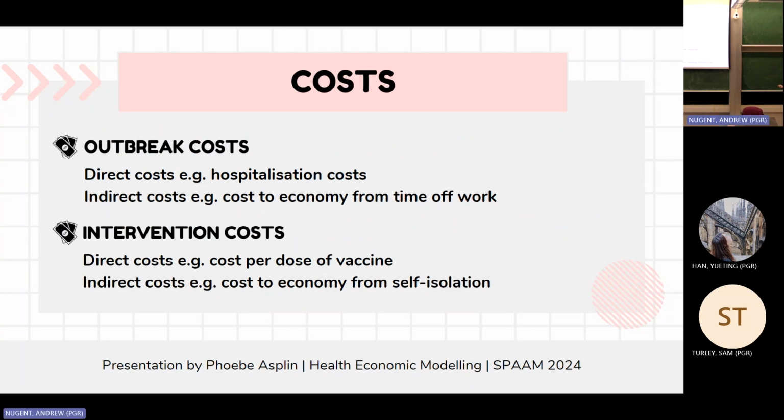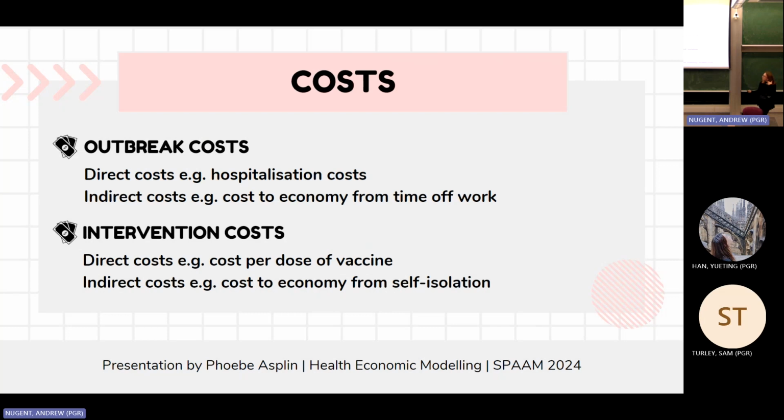So the next thing we have to take into account is costs. Two main categories of costs are outbreak costs and intervention costs. Outbreak costs are the costs we're avoiding by using our intervention, and intervention costs are the costs of implementing our intervention. For both of these, we have direct and indirect costs, and which of these we care about depends on the perspective we're looking from. There are two main perspectives.